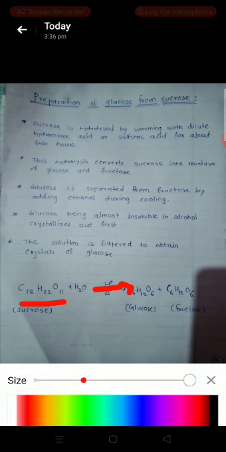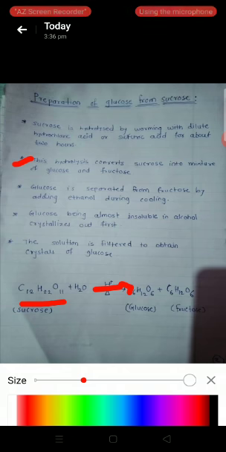Sucrose is hydrolyzed by warming with dilute hydrochloric acid or sulfuric acid for about 2 hours.